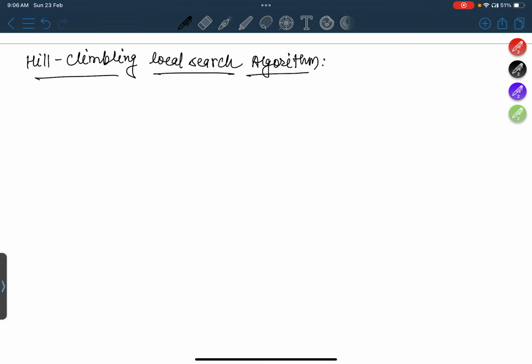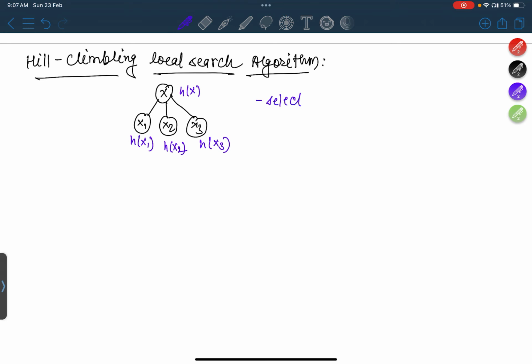For whichever successors we have generated, for example x1, x2, x3, what it will do is compute the h of x for all these, and it will select the successor with the highest h of s value.